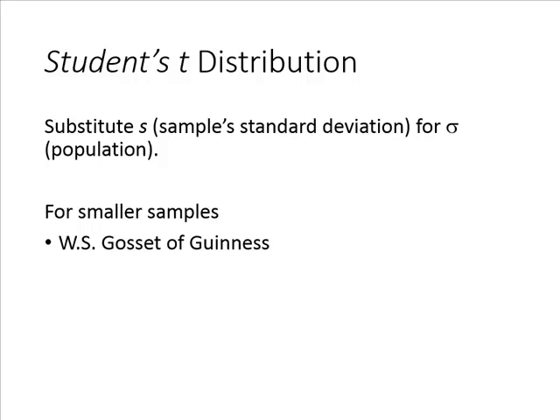This distribution actually has a neat sort of history behind it. Student's is a pseudonym, like with the Federalist Papers, where you have Publius writing the Federalist Papers. The person that actually invented this distribution is W.S. Gosset, and he worked for Guinness. They had lots of ingredients coming in, making their beer, and you want to do quality control.